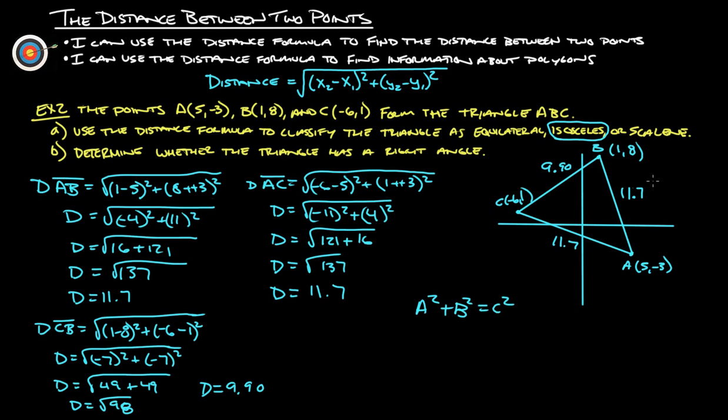Our two longest sides would have to be the hypotenuse, since those are exactly the same, there's no way that we could put 11.7 in here and then 11.7 there and a 9.9 there and have those two equal each other. So it does not have a right triangle. No, sorry, it does not have a right angle. No right angle would be our answer. Okay, so it's isosceles and no right angle.